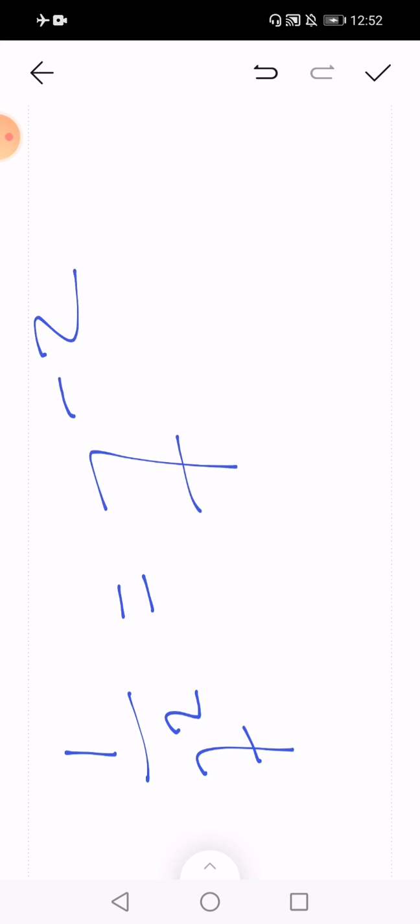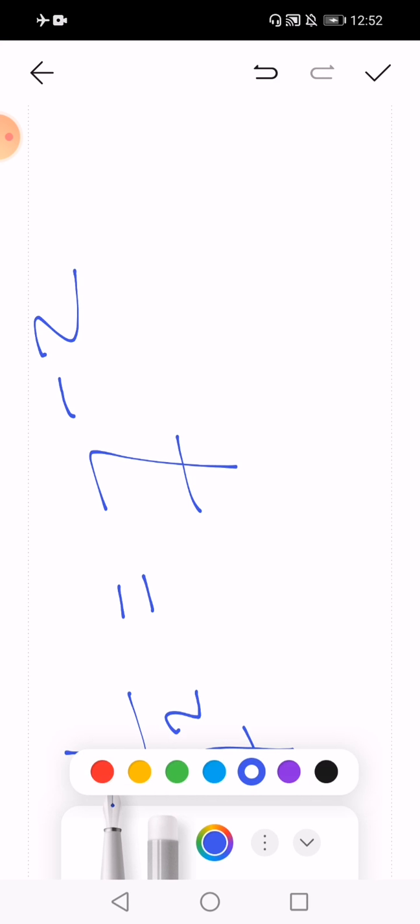1 over 7 squared can be written as 7 to the power negative 2. So you see what we did here.